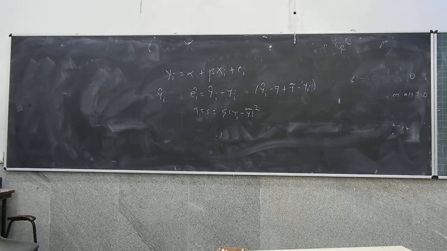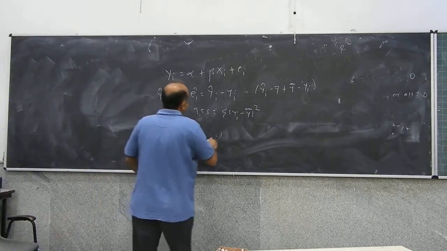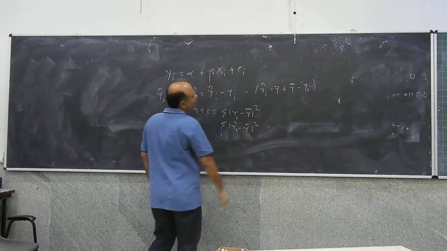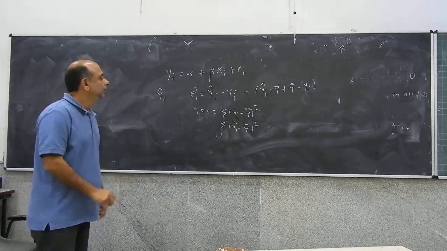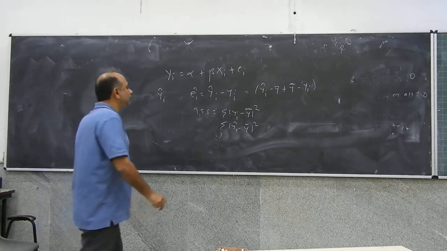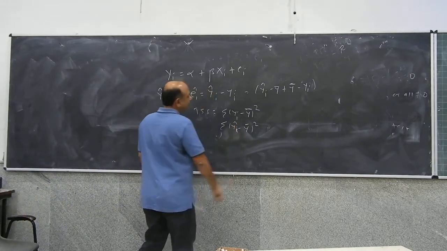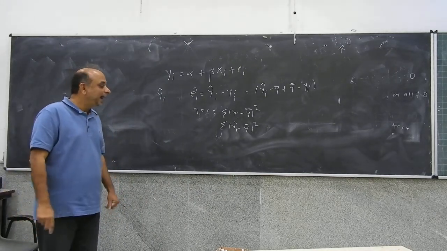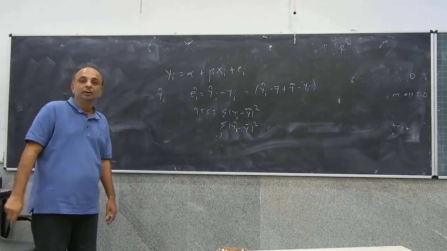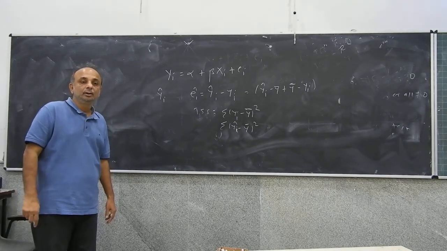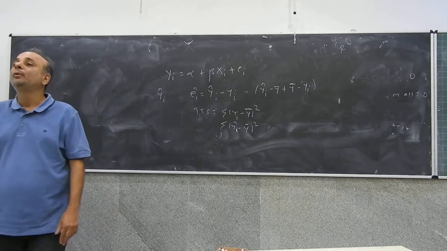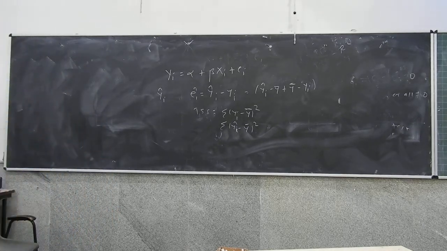Then I have got y hat I minus y bar square. What is y hat I minus y bar square?